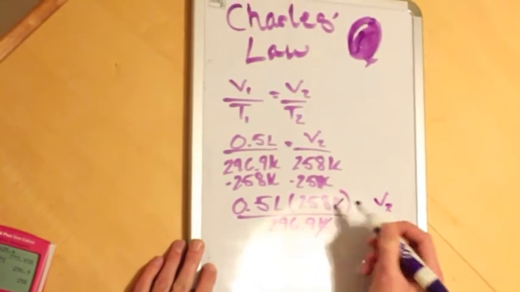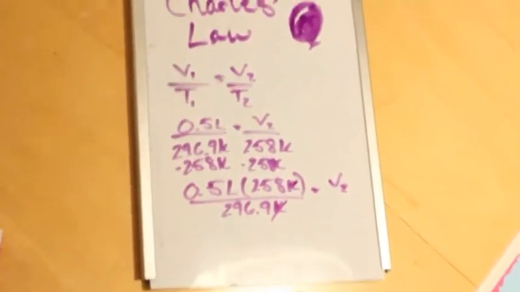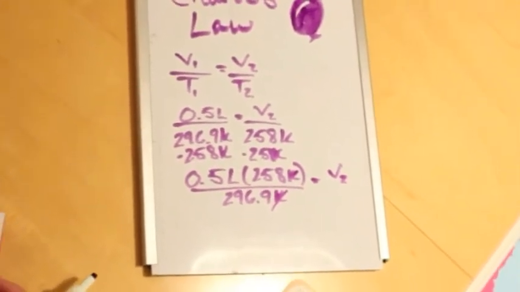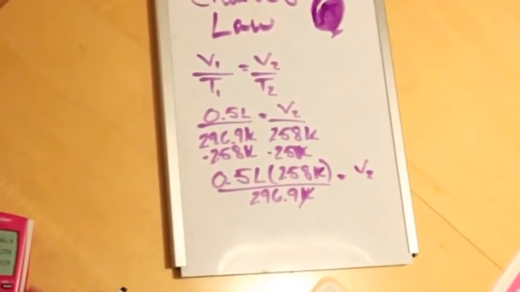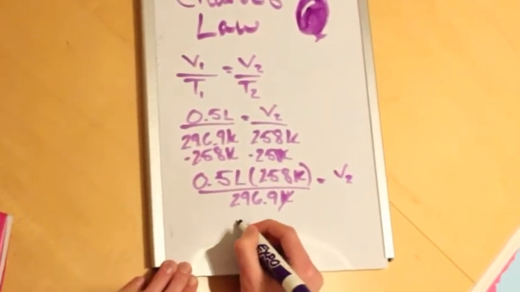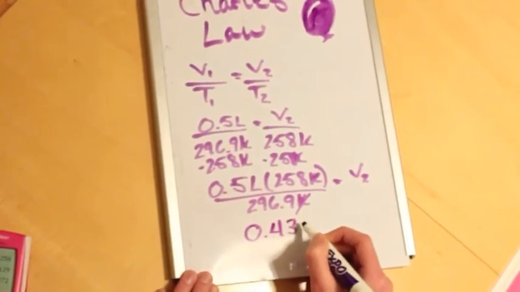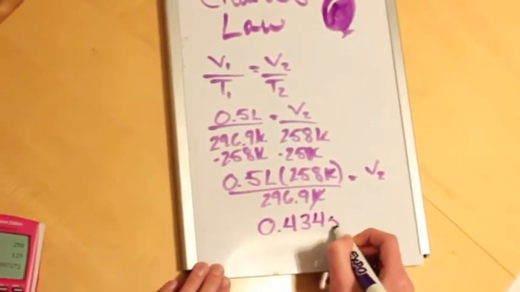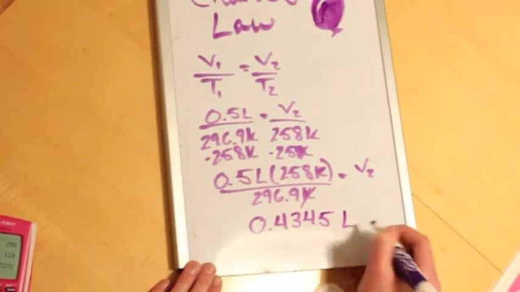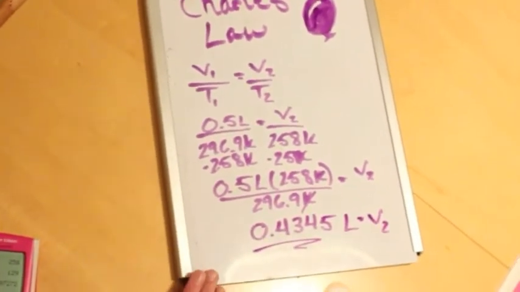Now we cross out our Kelvins. So we have 4.5, so our volume equals 0.4345 liters, and that is our volume.